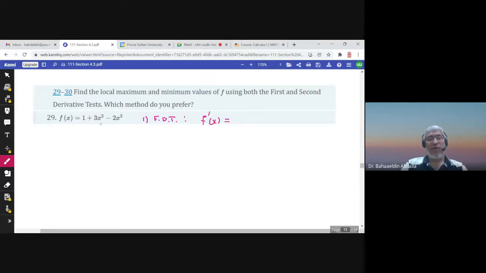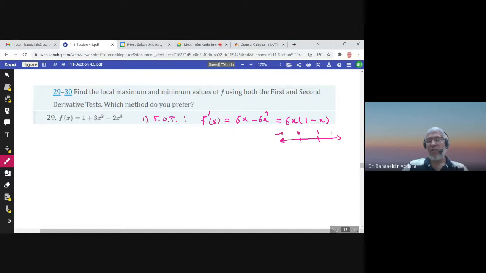Well, f prime is 6x minus 6x squared. And I can take 6x as a common factor, and I have 1 minus x. So the zeros of f prime, of course, f is a polynomial, the domain all real numbers. The zeros are 0 and 1. 1 minus x equals 0 means x equals 1.